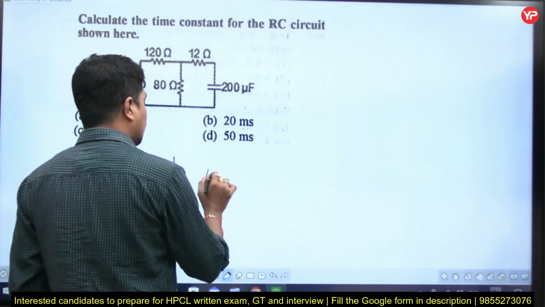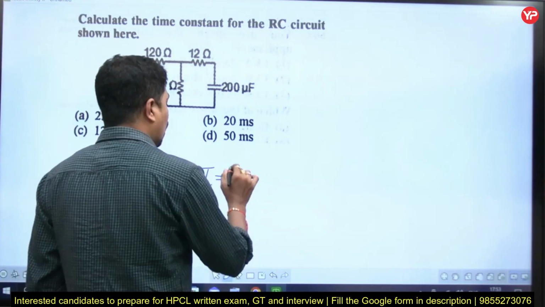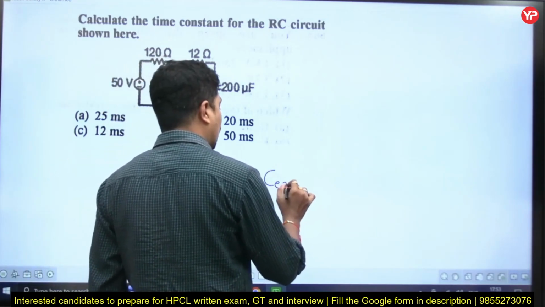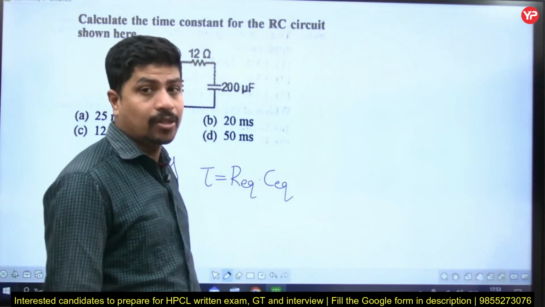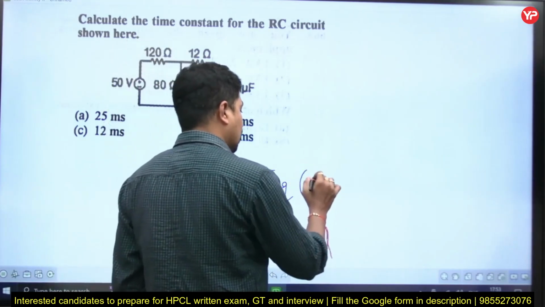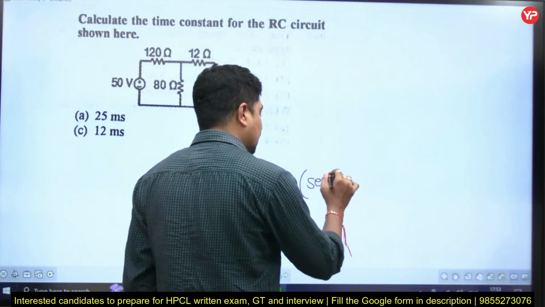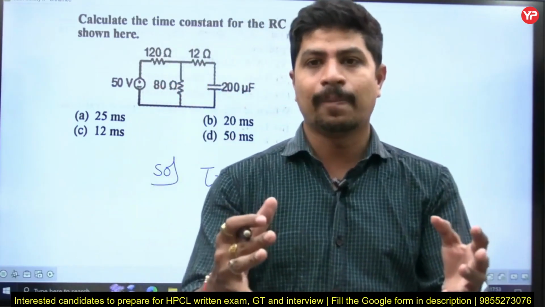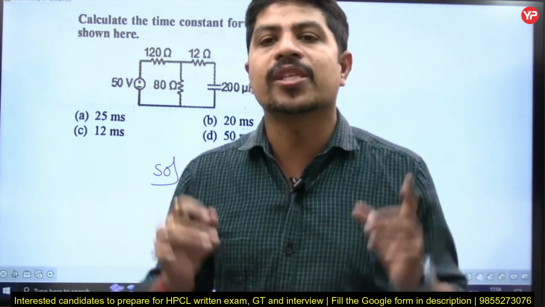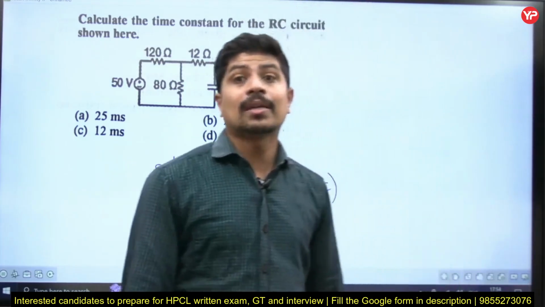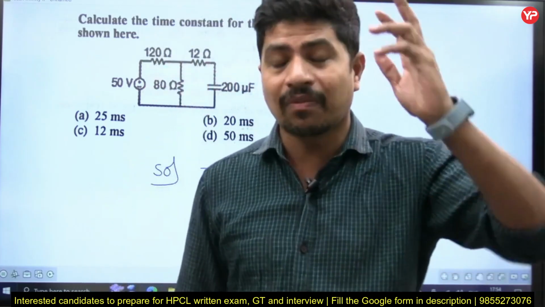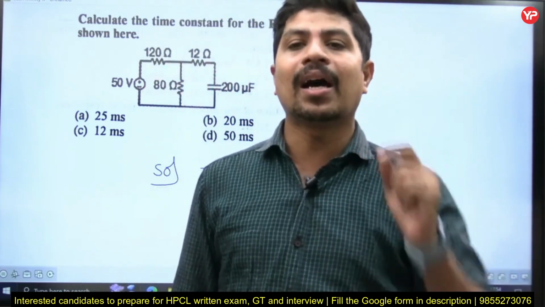The time constant tau is equal to R equivalent into C equivalent for a series RC circuit. Whether it is series RC, parallel RC or any combination of RC, the time constant is R into C. Now, the time constant of an RL circuit, either series RL or parallel RL or any combination of RL, is L equivalent by R equivalent.